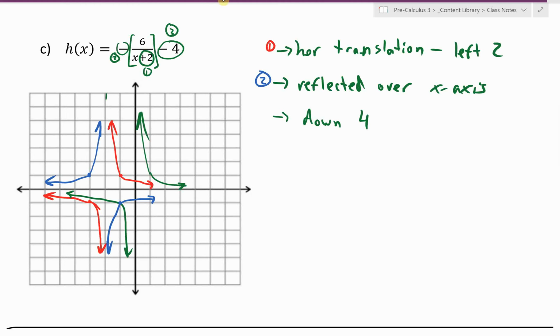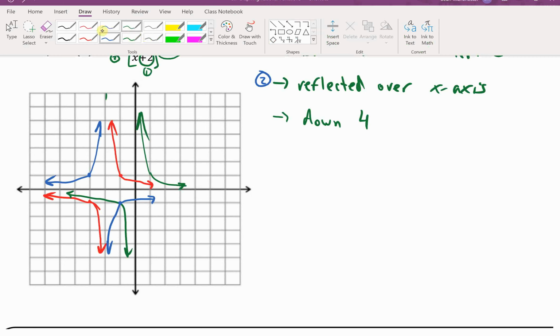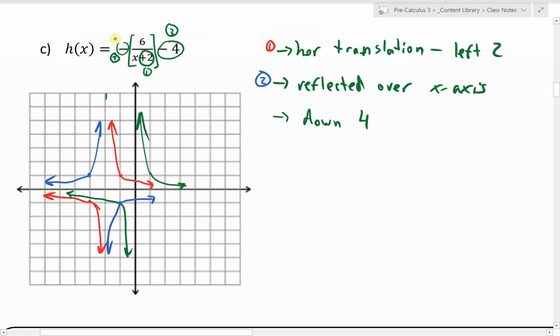And then the last thing I need to do is move the whole graph, that blue graph, down 4 units. Let's make that this sort of brownish color. So this blue graph now is going to move down 4 units. So where that point's going to move down 4, and we're going to go up. This blue unit is going to go down 4.